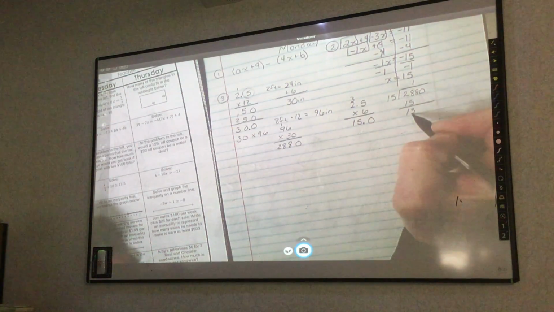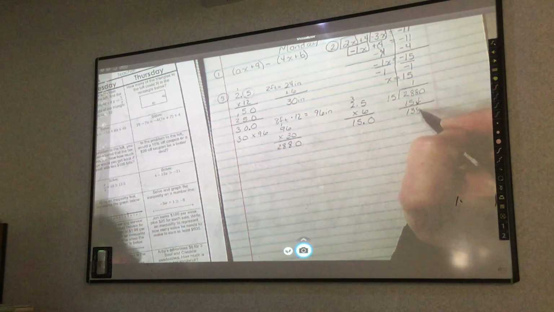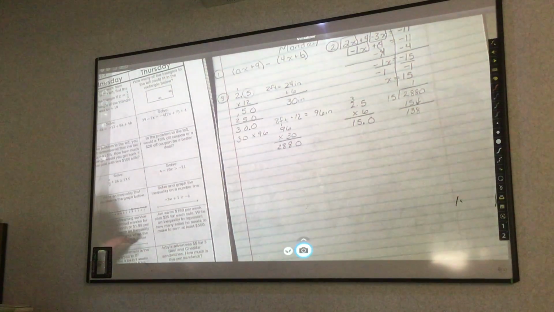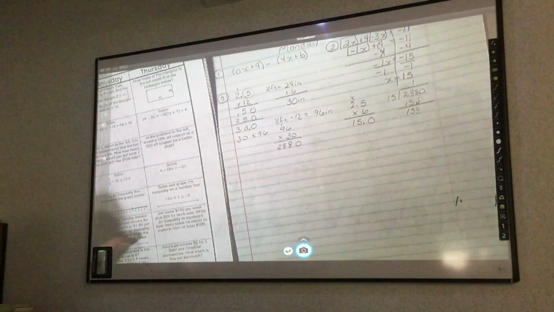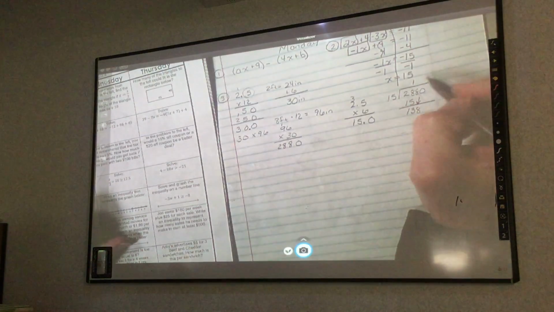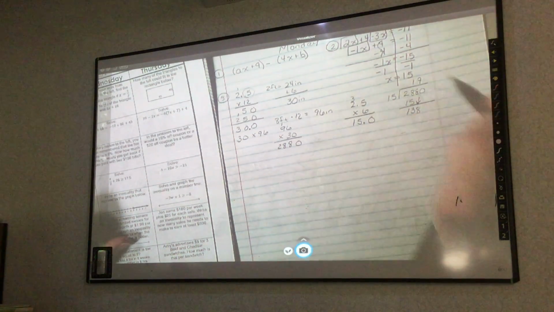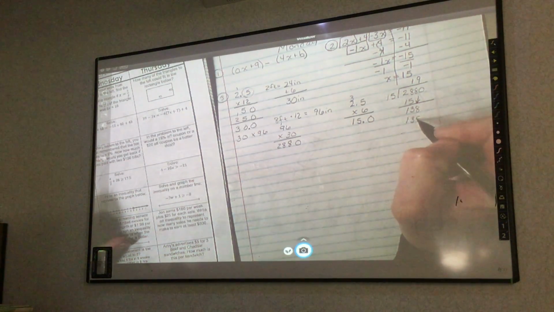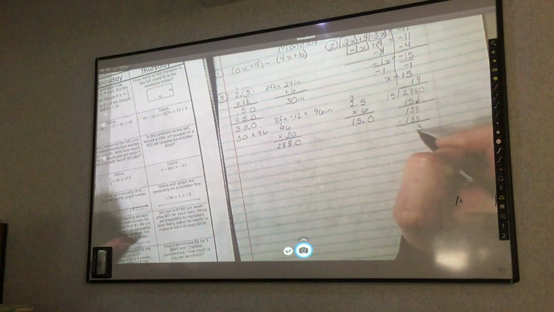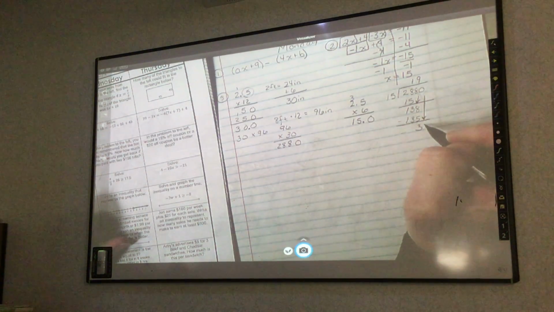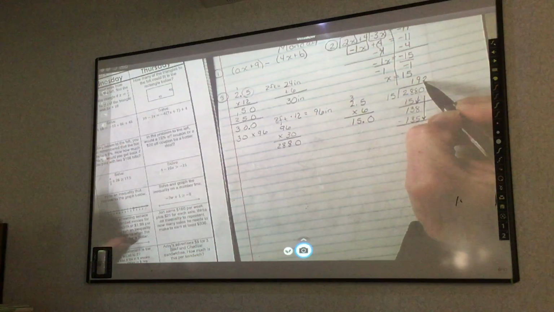I'm left with 13. Bring down a 0, bring down my 8, excuse me. 15 goes into 138 9 times, because 9 times 15 is 135. 3 left. Bring down my 0, and 15 goes into 30 twice.